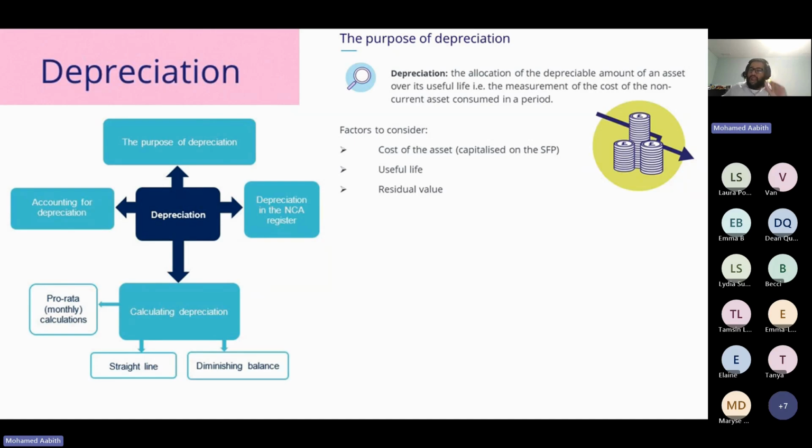That way, at the end of the year, the value of the car now is 14,000 pounds, even though in the book it says 20,000. The realistic value of that one, we call it your carrying value. After the depreciation is calculated, we'll find the carrying value. So the facts to consider are how much is the cost, what is the useful life, and also the residual value, how much I can sell it for.